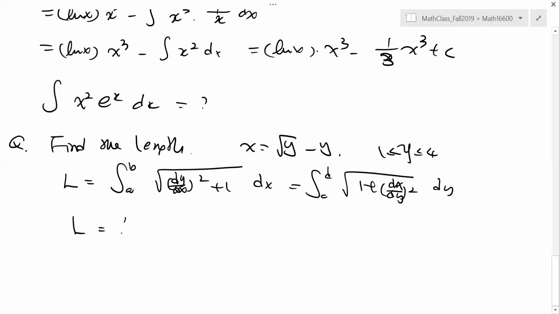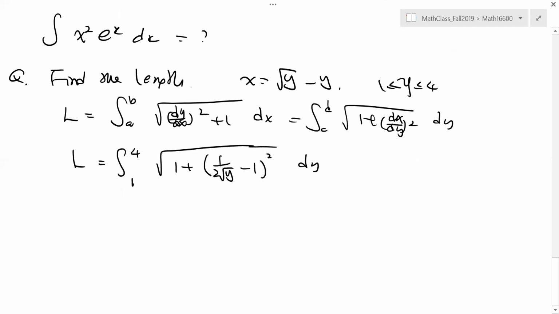Okay? Then it's going to be from 1 to 4, and it's the square root of 1 plus the derivative of x with respect to y, which is going to be this, and dy. And then the next step is how to simplify, how to evaluate the integral. I'm pretty sure you can get rid of radicals.